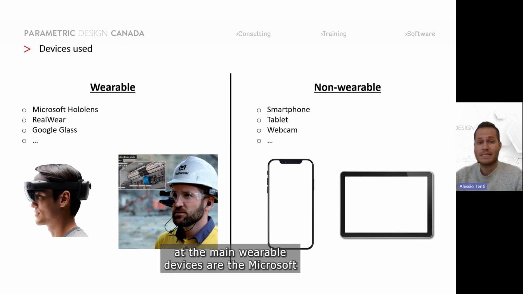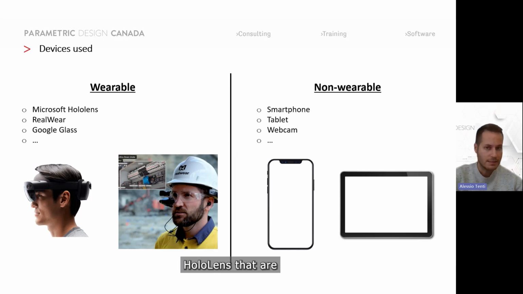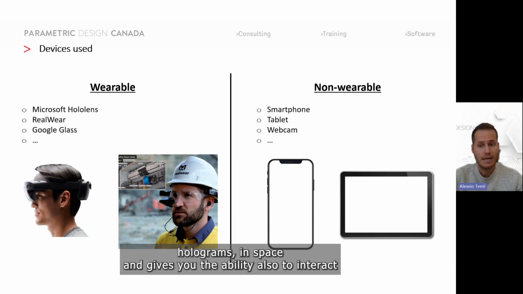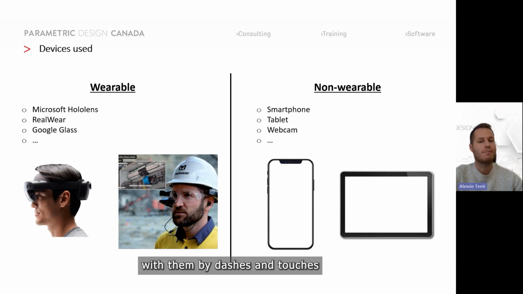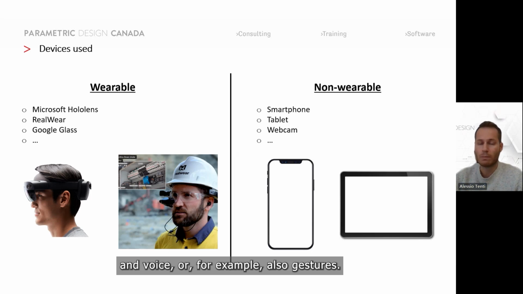The main wearable devices are the Microsoft HoloLens, particular viewers that allow you to view 3D holograms in space and give you the ability to interact with them by touches, moves, voice, or for example gestures.